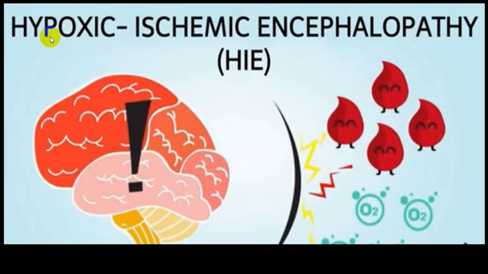There is another very common encephalopathy you come across in your everyday practice, which is hypoxic ischemic encephalopathy. You can have pure hypoxia without ischemia, but very frequently ischemia is associated with hypoxia. That's why the common term utilized is hypoxic ischemic encephalopathy.